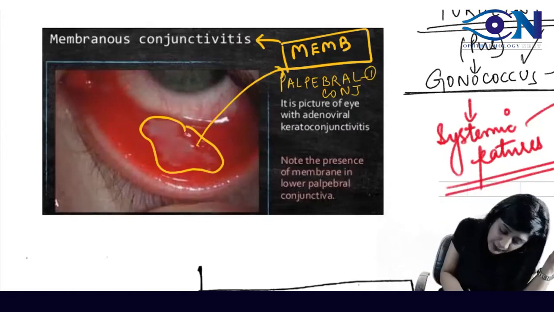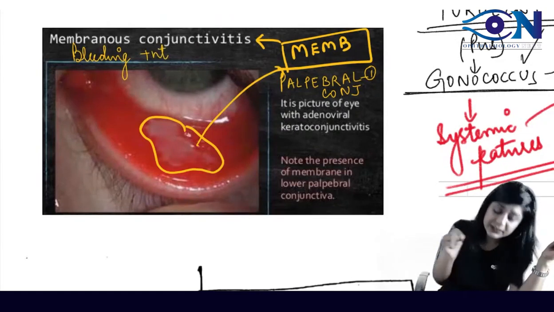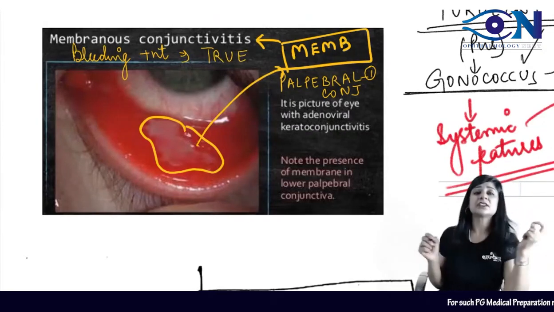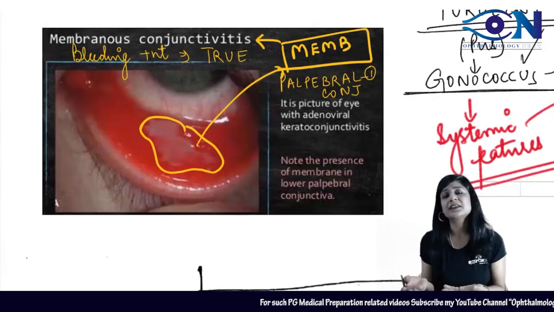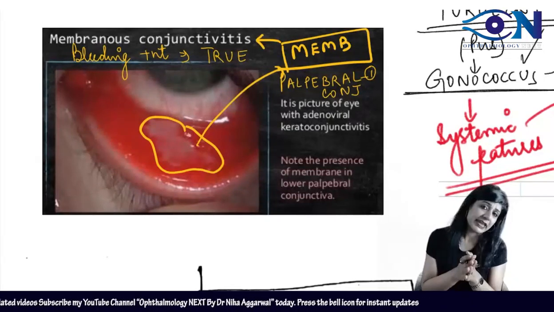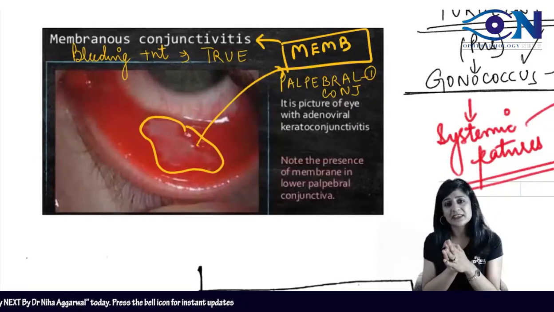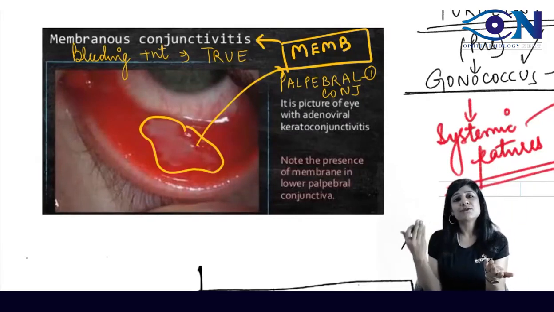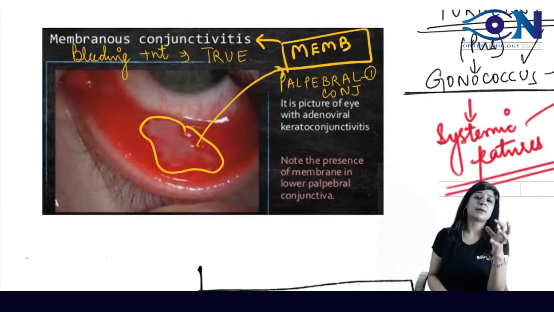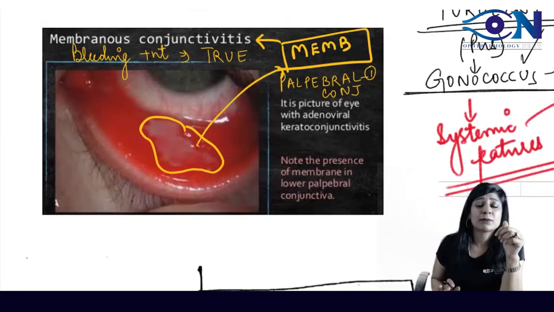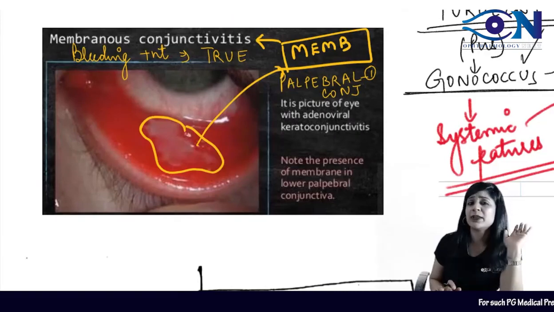So if I have bleeding present, then this is called the true membranous conjunctivitis, and obviously if the bleeding is absent, then it is a pseudo-membranous. So most of the times the question that you get in cases of membranous conjunctivitis is how to find out whether it's a true membranous conjunctivitis or a false membranous. True membranous membrane is densely adherent on the palpebral conjunctiva, while in the pseudomembranous, it is just loosely adherent. So there will be no bleeding.